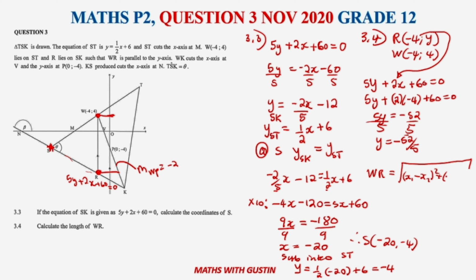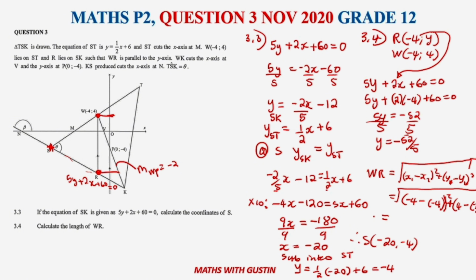Sometimes you can put letters, it really doesn't matter as long as you substitute correctly. Square root of, we can say our x1 there is minus 4, and therefore minus into minus 4. This is the one we started with, the one at W, so we can say 4 minus into minus 52 over 5, close bracket, and another close bracket, then everything squared. I forgot to square here. Thank you guys for showing me that. Easy to make mistakes with these ones, eh?